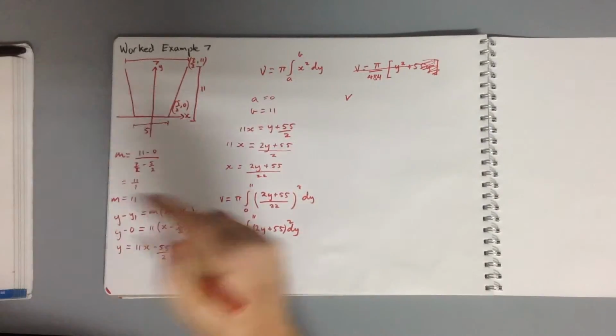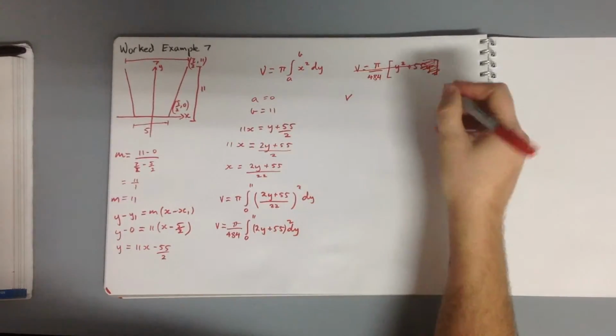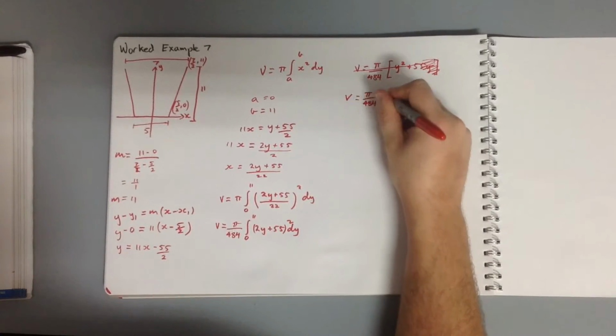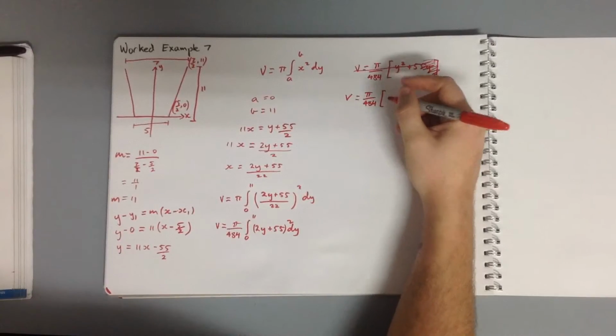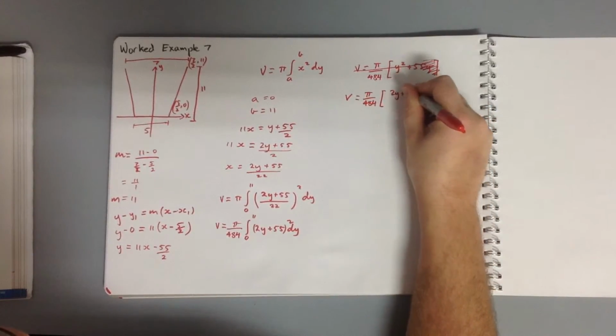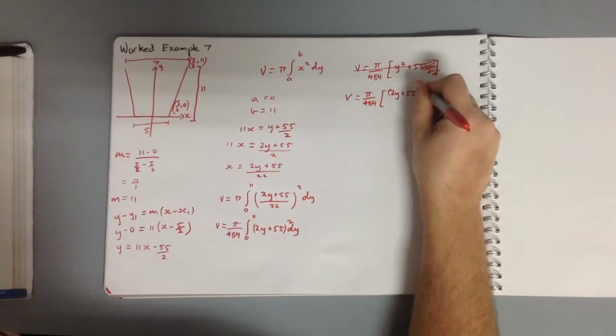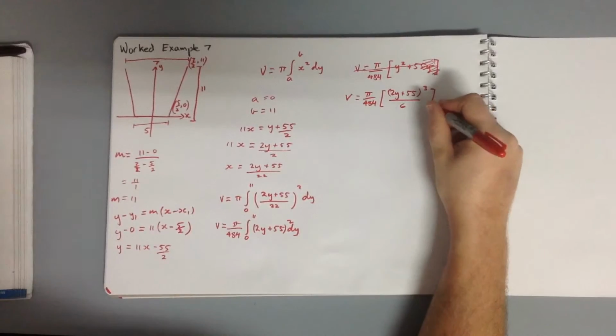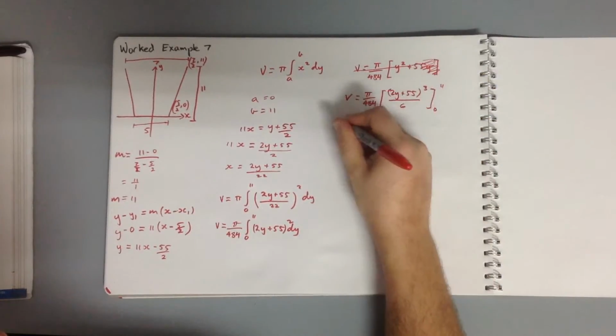So when we integrate, we get pi on 484 outside of our 2y plus 55 cubed over 6 from 0 to 11.